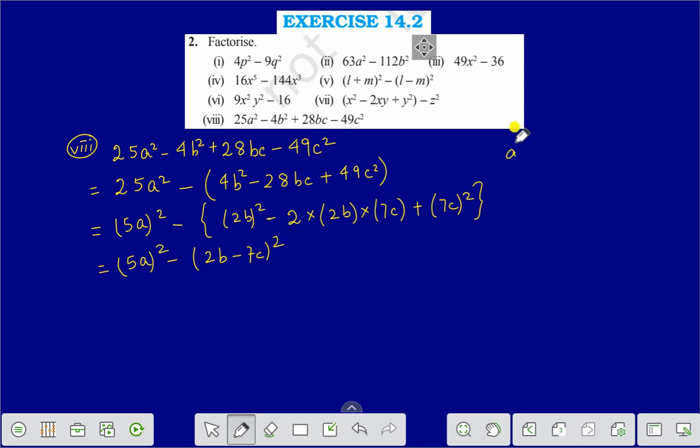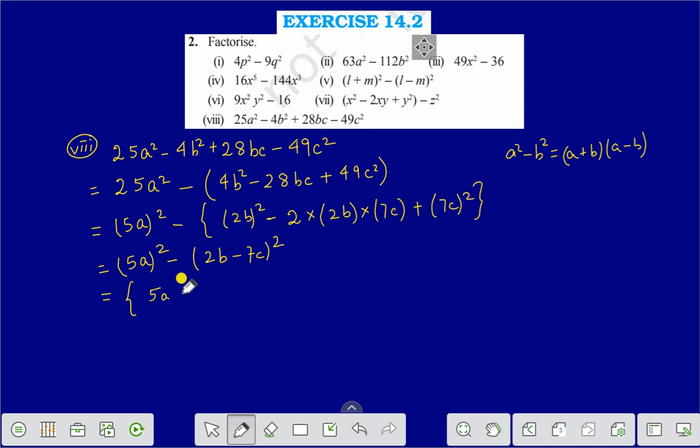Now here we will apply the identity a square minus b square is equal to a plus b into a minus b. Therefore, we are getting a plus b into a minus b.